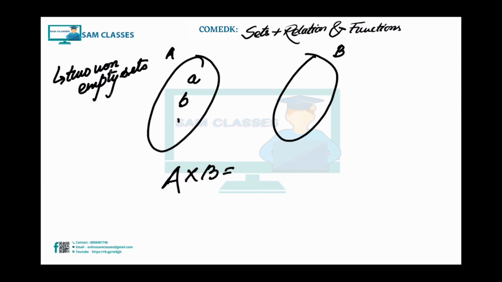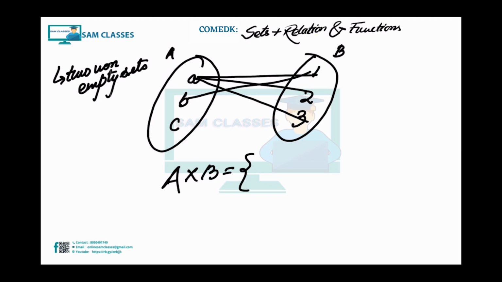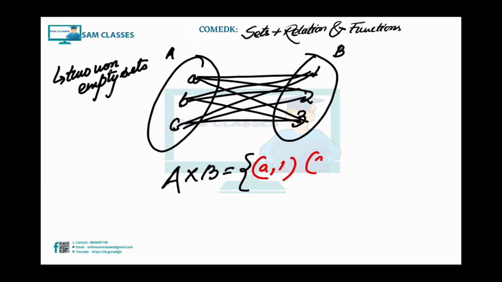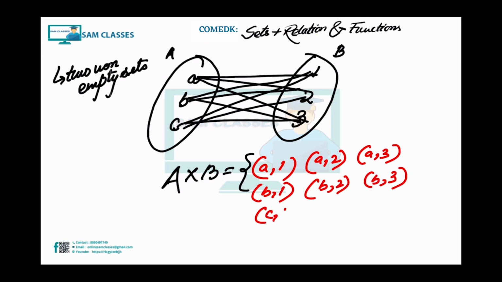Let's say we have elements a, b, and c here, and elements 1, 2, and 3 here. The Cartesian product A cross B is defined as all the kinds of mapping that we can do from set A to set B. Mapping means attaching one element of A with the elements of B. So a can be mapped with 1, a with 2, a with 3; b with 1, b with 2, b with 3; similarly, c with 1, c with 2, and c with 3.